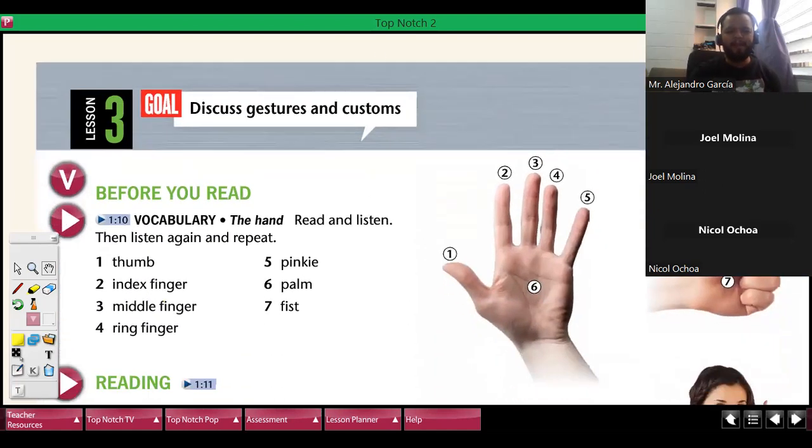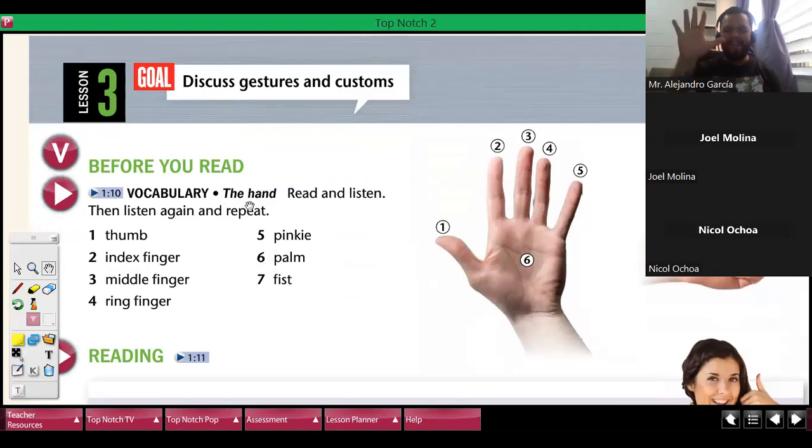Now, let's take a look. Now, ¿qué tiene que ver la mano con el tema? The hand with the topic, gestures.